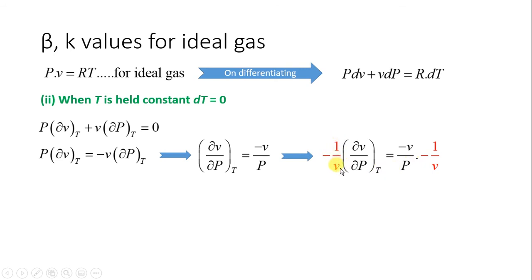Minus 1 by v in bracket dou v by dou P at constant temperature equal to, this will remain as it is, minus v by P into minus 1 by v. Now what is this? This term is K, isothermal compressibility. And minus v and minus v will get cancelled and you will get only 1 by P. So what is this K? K value is 1 by P for ideal gas. Okay, again this relation we will be using in Mayer's relation.